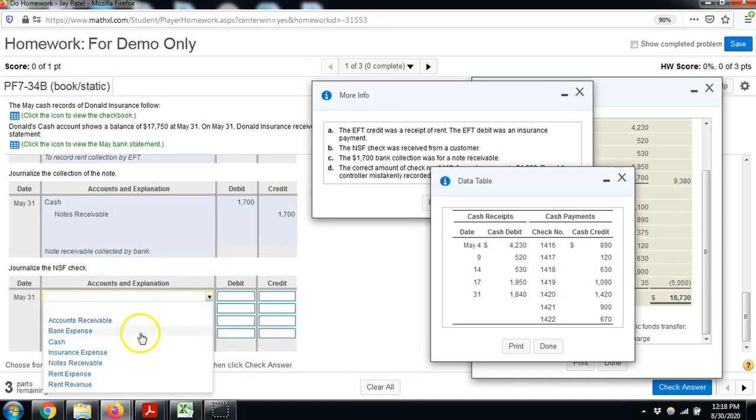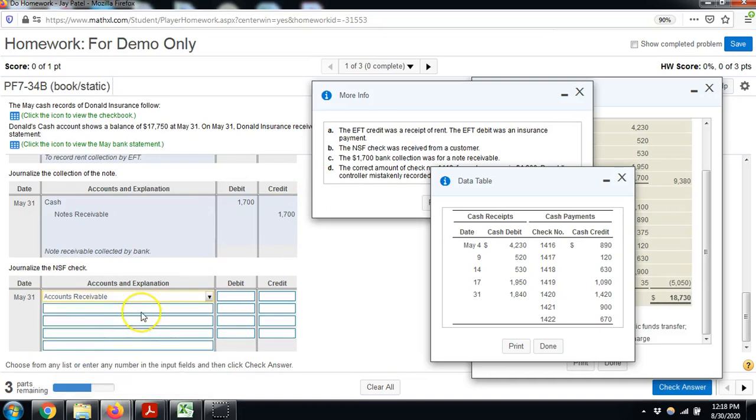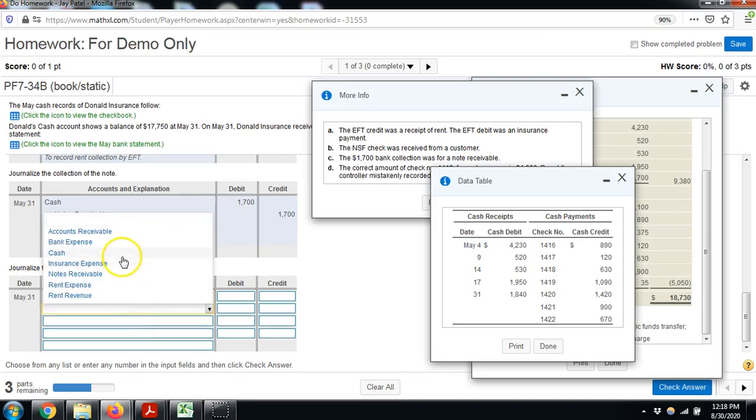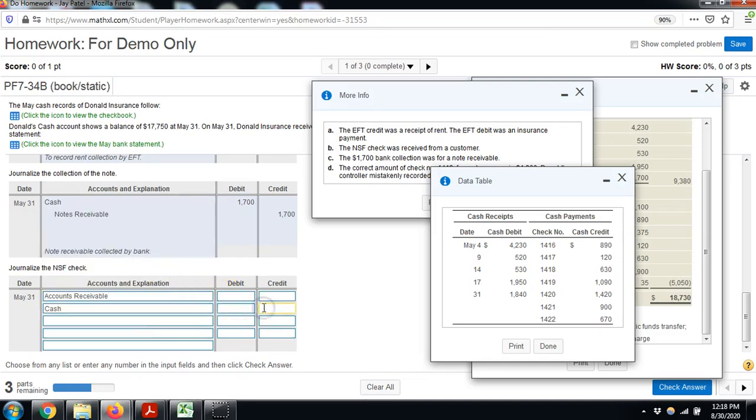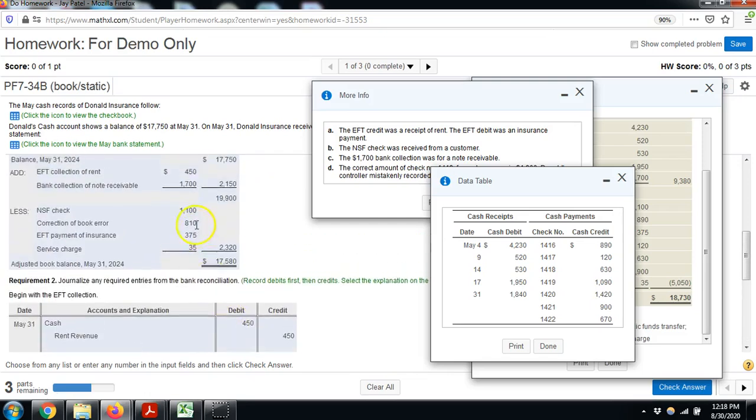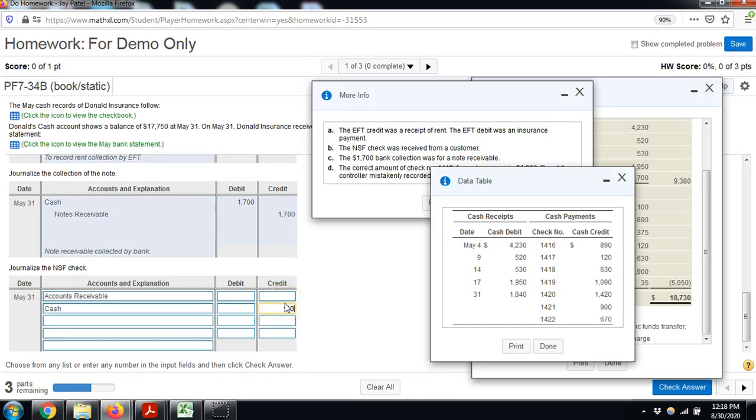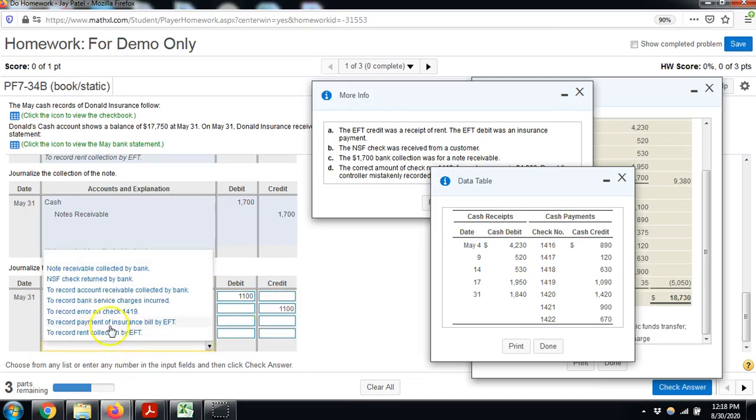So we're going to recreate this account receivable, and we are going to reduce our cash balance that we thought we had, right? Because we thought we got this $1,100, but really our cash balance, if we do not make this adjustment, would be overstated. So we need to reduce our cash balance. We need to reinstate this account receivable.